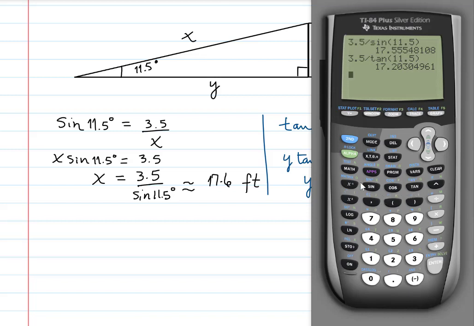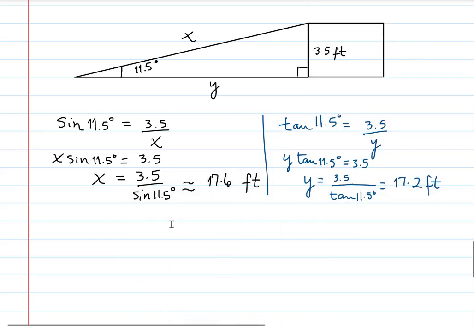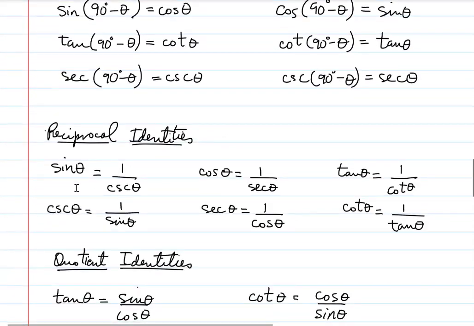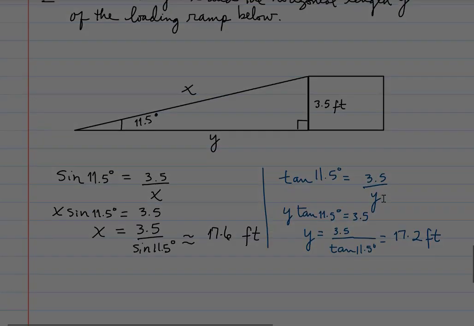So you want to stick with using those three. It's not that you can't use the others, but those three allow you to do it quickly in the calculator. If you use the other three, like cosecant or cotangent, you're going to have to use the reciprocal identities anyway, which is the same thing. It just saves you some time.